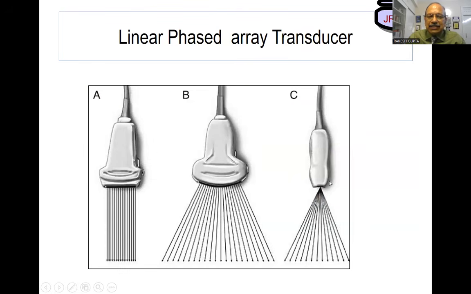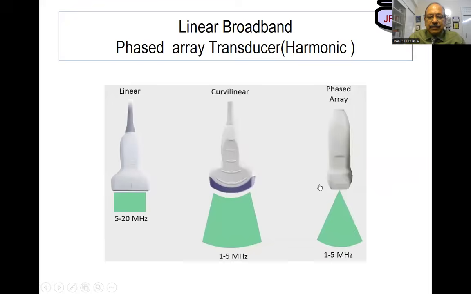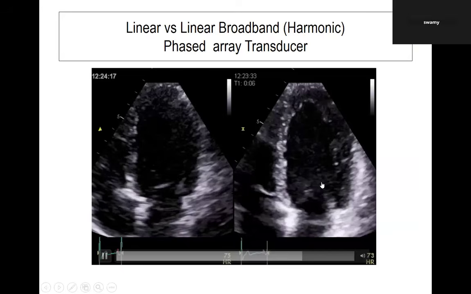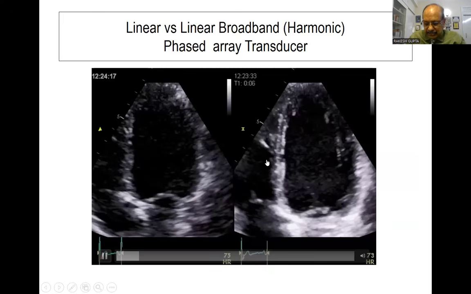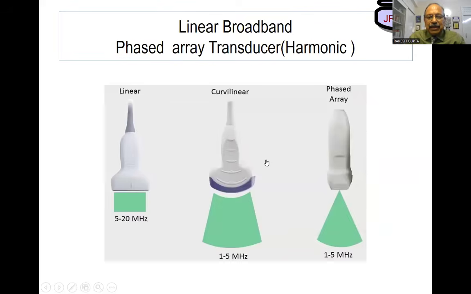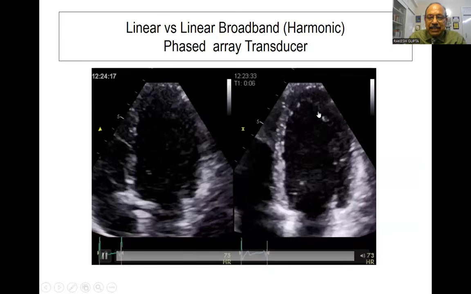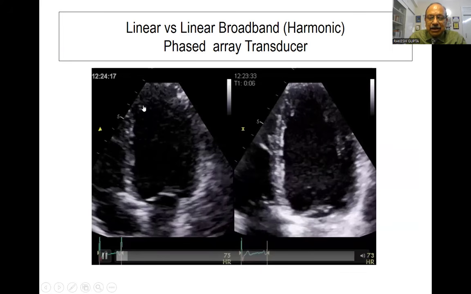This is a linear phase array transducer. Look at these images very carefully. What is the difference in these images? I'll play it again for you. Look, the apex is very clearly seen in this image. The apex is not seen clearly in this image.